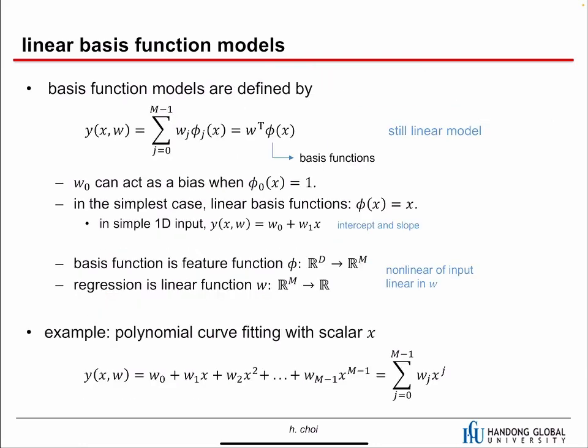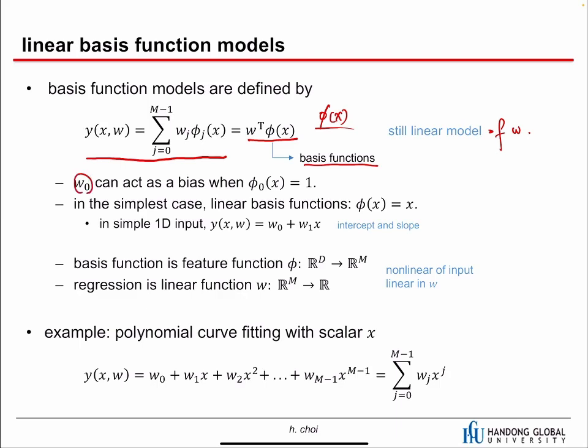So the basis function models are defined by this. It's basically the same as before. In this equation, the phi is basis functions. It's still a linear model of w. And when the phi of x is just the identity function, then it is the simplest linear model.